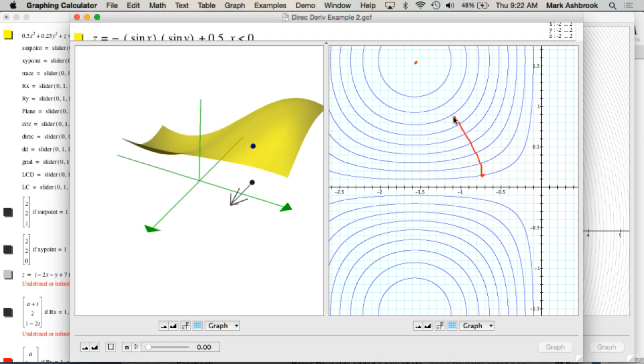How am I doing? That was a little too low there. Something like that. So it's going to be more curved. In the bird's eye view, it's going to look like a curve, but that's actually the most direct route to the top.